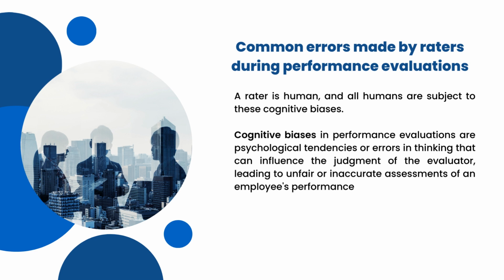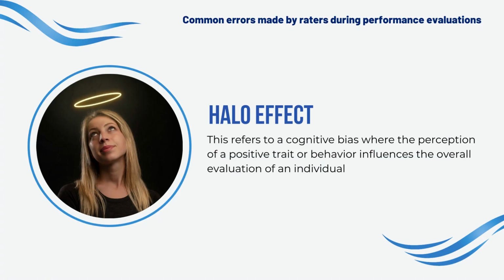So the first error is the halo effect. Technically, this refers to a cognitive bias where the perception of a positive trait or behavior influences the overall evaluation of an individual. Essentially, it's when the halo of good qualities overshadows areas of weakness.